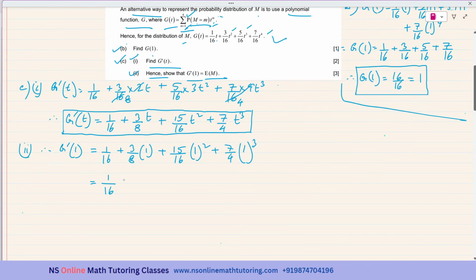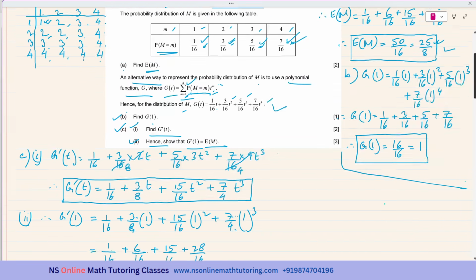Okay. So this is equal to 1 over 16 plus 3 over 8. I'm trying to get the common denominator as 16. So 3 over 8 can be written as 6 over 16, multiplying both the numerator and the denominator by 2. So it is 6 over 16 plus 15 over 16, and for this, I am multiplying both the numerator and the denominator by 4, so plus 28 over 16. The denominator is 16 and the numerator is 1, 6, 15 and 28.